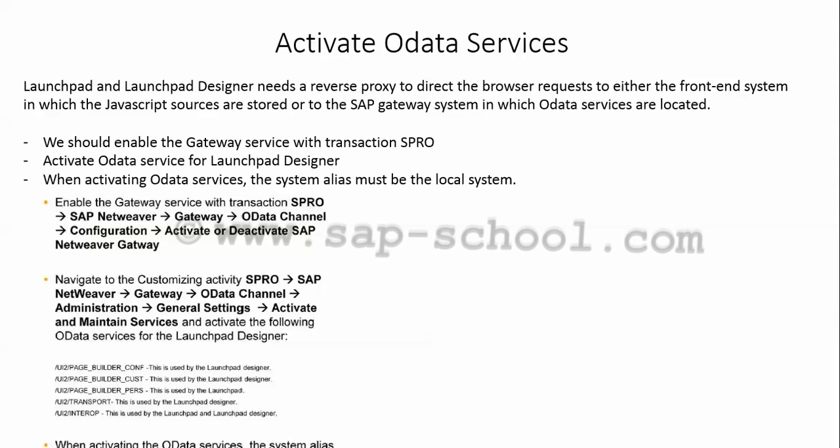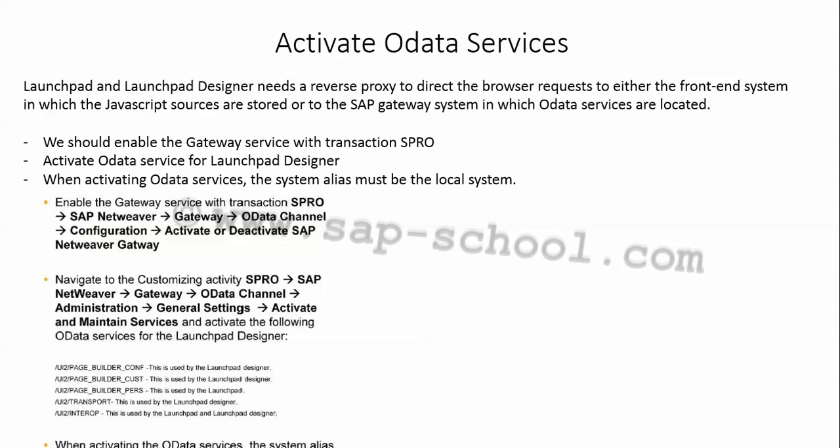Then we go to Configuration, and in that we have Activate or Deactivate SAP NetWeaver Gateway. Here we can see that SAP NetWeaver Gateway is currently active. If it is the first time we are doing the configuration, it must be inactive and we have to make it active by going through the SPRO navigation path. But since it is already active, I will just cancel it and go back to my transaction.